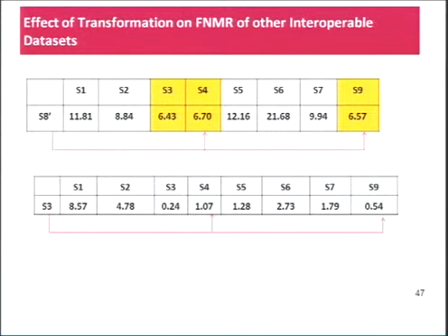And looking upon further analysis, we saw that there was a transitive nature to this phenomenon. S3 and S4, and S3 and S9 had the lowest interoperable error rates. So when S8 prime was changed so that it would match well with S3, it also matched well with S4 and S9.